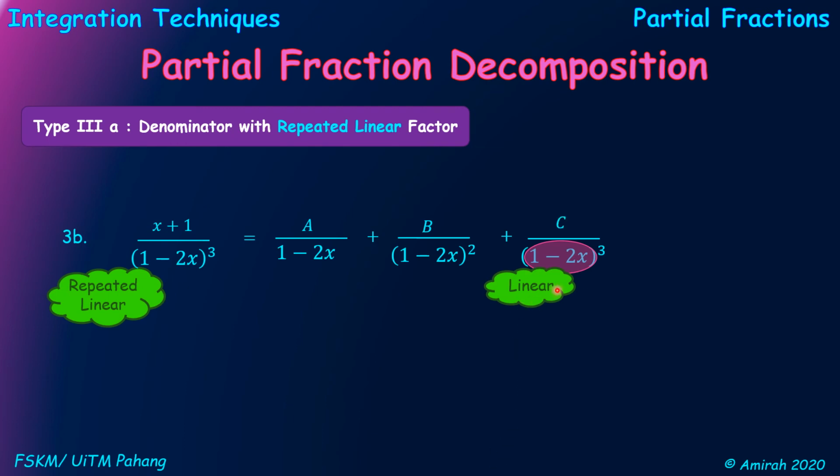So when we have a denominator with a linear factor, we must write the numerator with a constant. We write constant C. Alright, so we can double check. We have constants A, B, and C here. There are three constants because from the original denominator, if we expand, we will get degree 3. That's why we have three constants here, A, B, and C. Right?